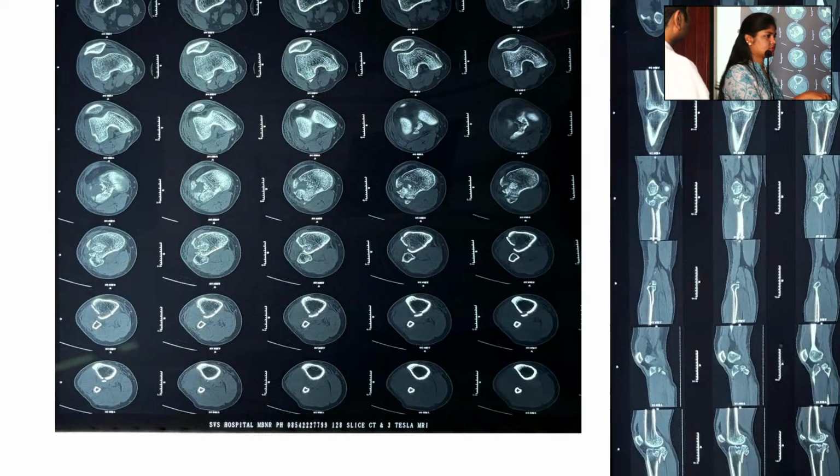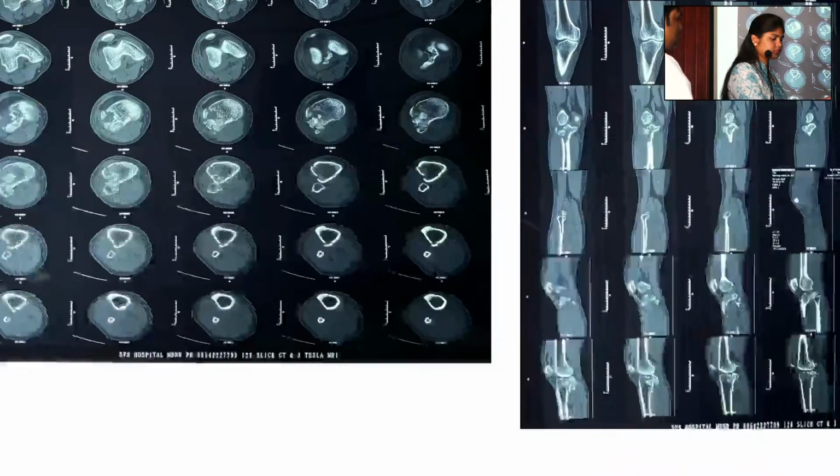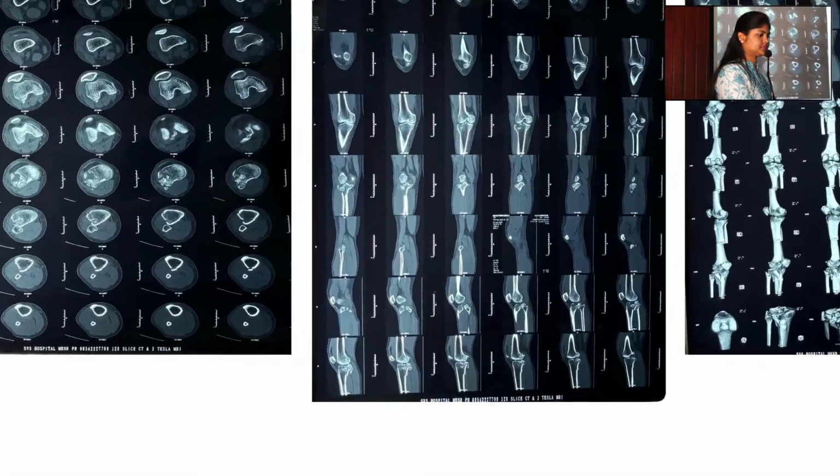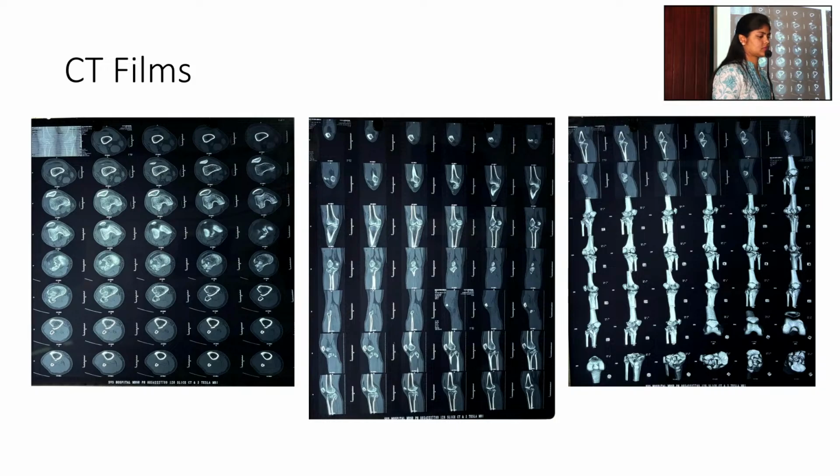Which are the sagittal and which are the coronal images? Is this a standard classification of lateral condyle fracture or the posterolateral fractures? Posterolateral, not the true standard classification. There is combination and depression, both. So what is the classification?